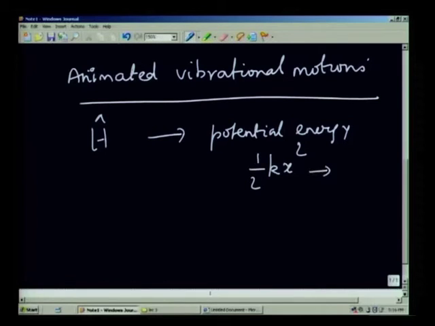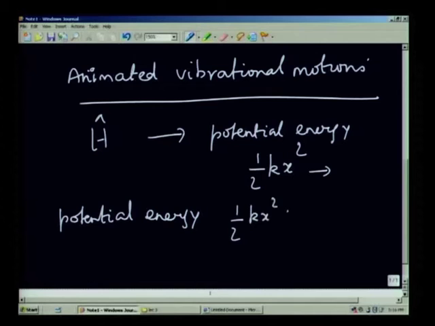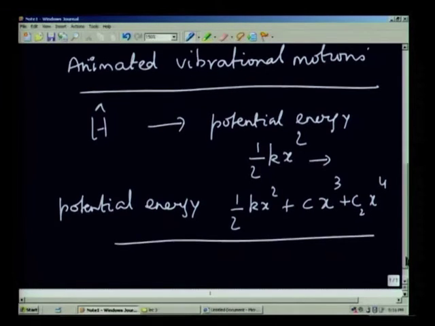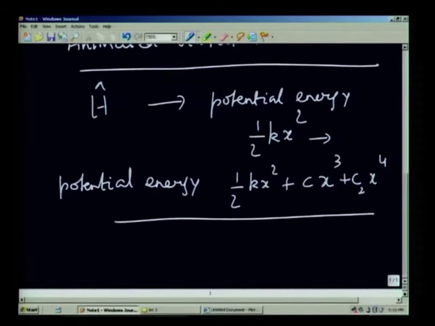When we include in the potential energy terms like half k x squared plus some constant times x cubed plus some other constant times x raised to 4 and so on, these permit us to study the molecular motion as anharmonic.